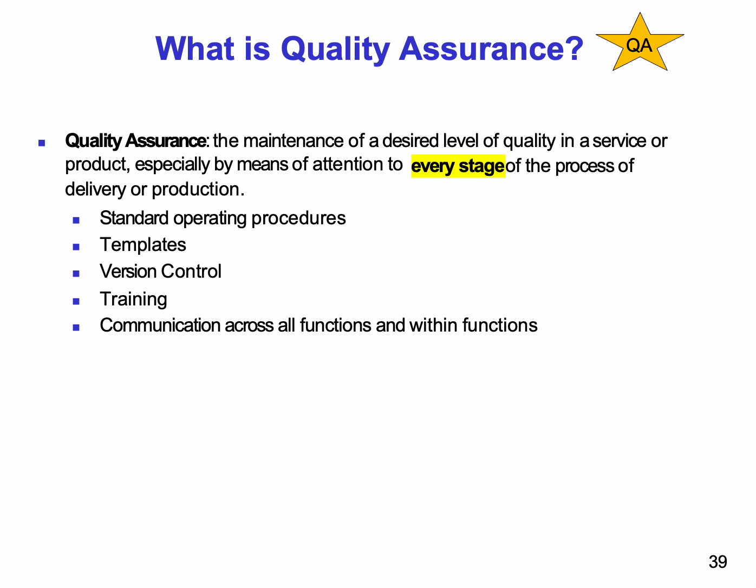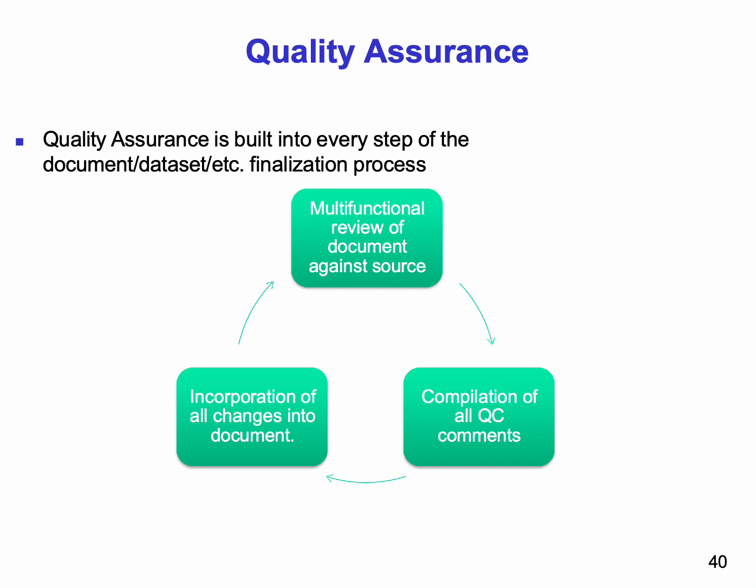And this is what we call one of the pillars of GMP, which is continuous improvement. QA also works on communicating across all functions and within functions. Now, quality assurance is built into every step of the document, data set, etc.